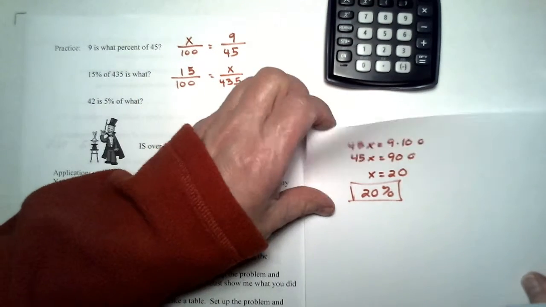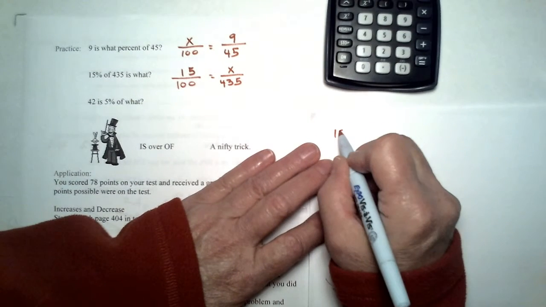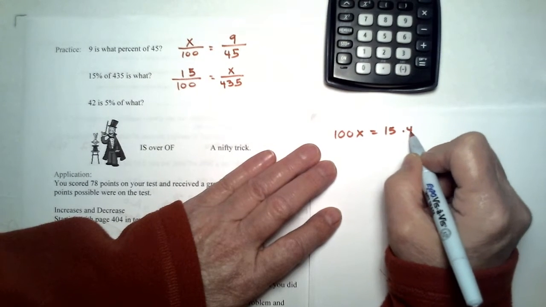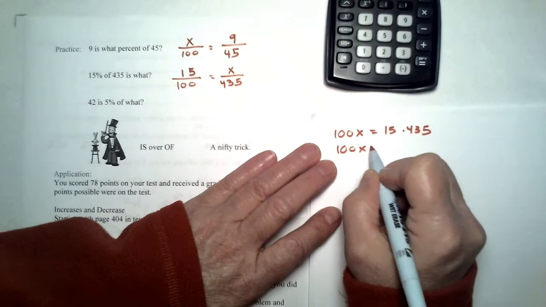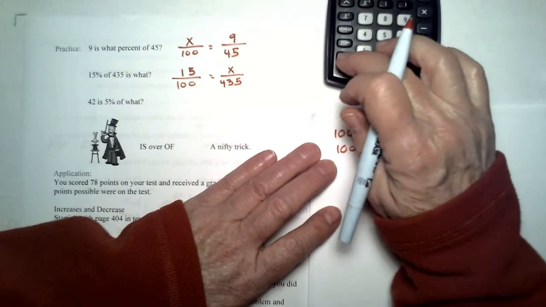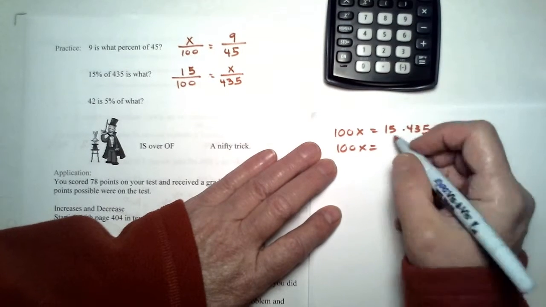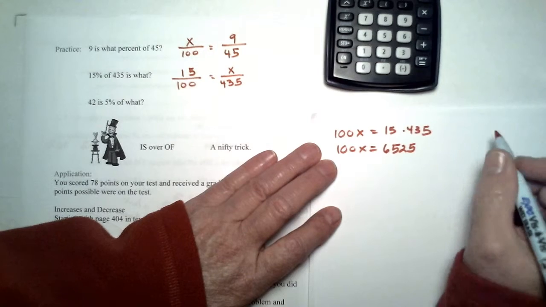And again, I'm going to go ahead and solve that over here. So I have 100x is equal to 15 times 435. I can't do that one in my head, so it's 15 times 435, and I get 6525 out of that in my calculator.